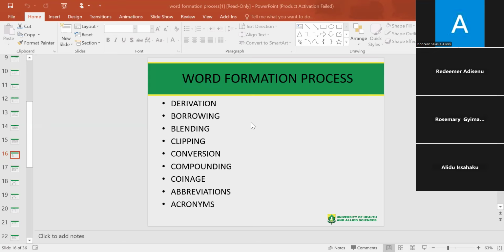So we have word formation processes. The first one I will talk about here is compounding, or better, you can just call it compounds. What is a compound?